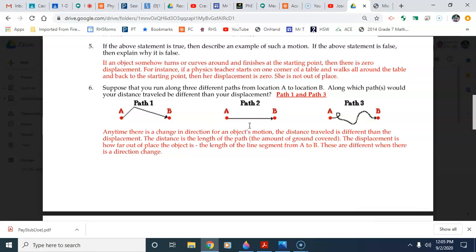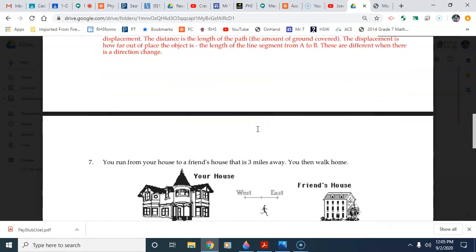If you travel wherever and never change direction once, that is when distance and displacement can be practically the same, at least the same magnitude. Okay, technically, the displacement still needs to have direction tacked on if we're writing it down. But magnitude of distance and displacement is the same in path 2 because it never changed direction, straight line. Make sense to everybody? Okay. As long as we have the idea down, you're good.